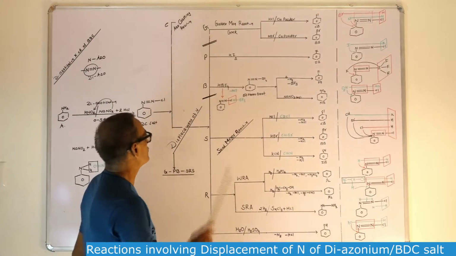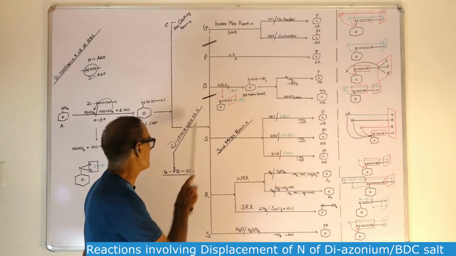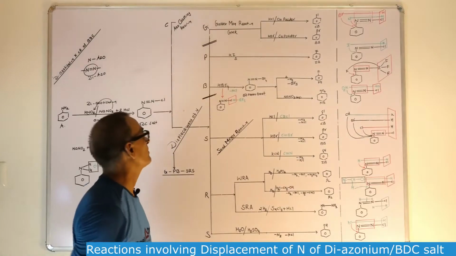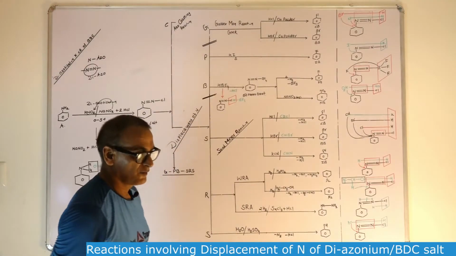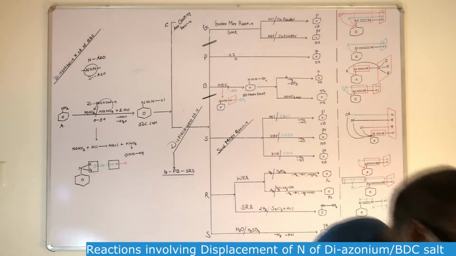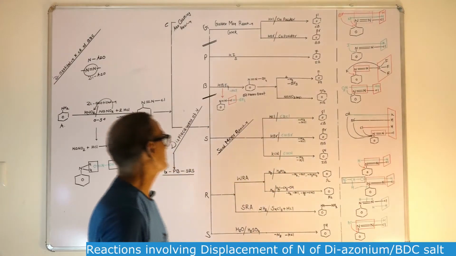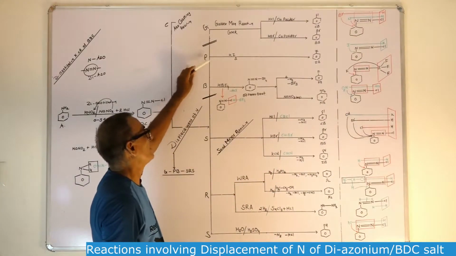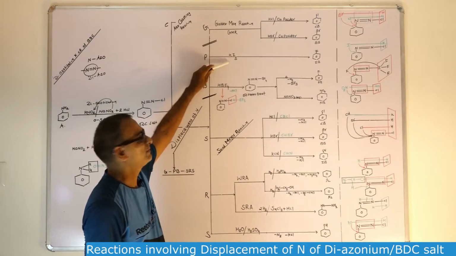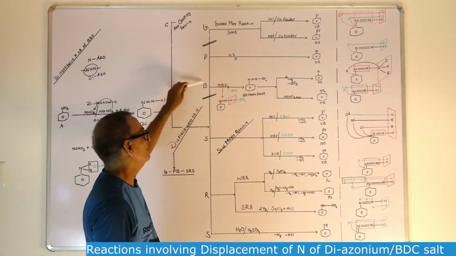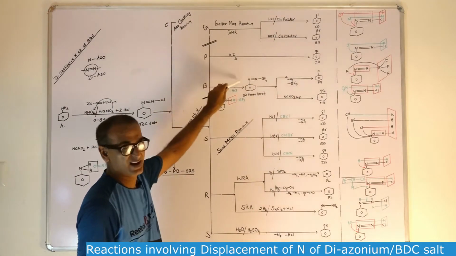Yes, there are so many reactions related during the displacement of nitrogen. First one is Gattermann reaction. Second one, on heating with potassium iodide. Third one, fluoroboric acid.